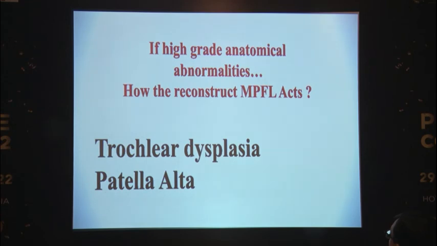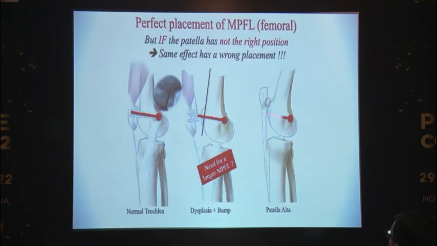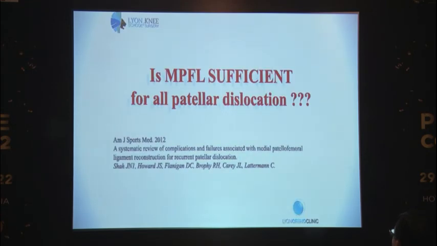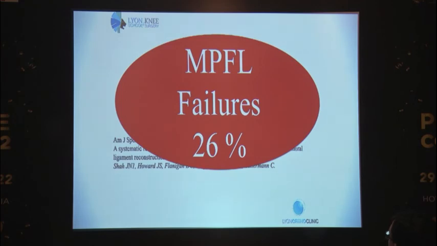So this is exactly what I've shown. So for sure, remember that MPFL has a pretty high rate of failure, and this article is very interesting because it says, well, be careful, don't do an MPFL to everybody because you will face 26% of failure.